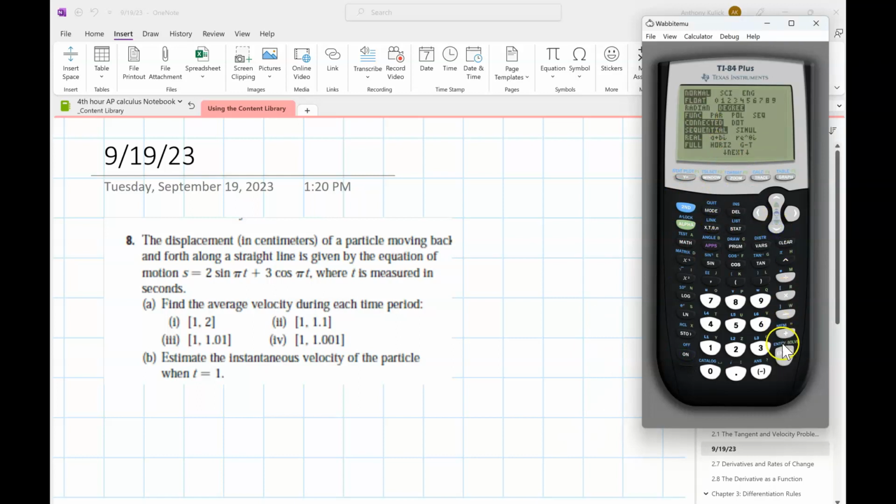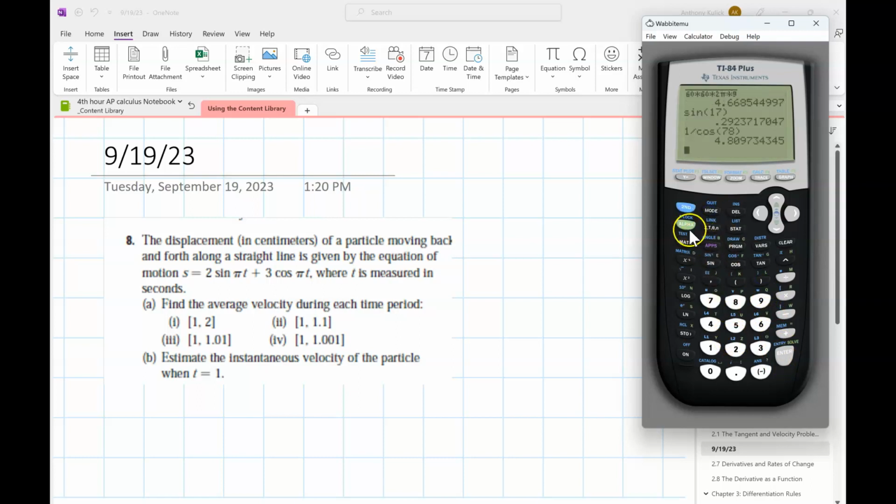So again, for calculus, we'll probably need to be in radian mode. I'm going to start by going to the y equals menu, and I'm going to input my function here. We'll use x's instead of t's. Hopefully nobody's surprised by that. Okay, so far so good.